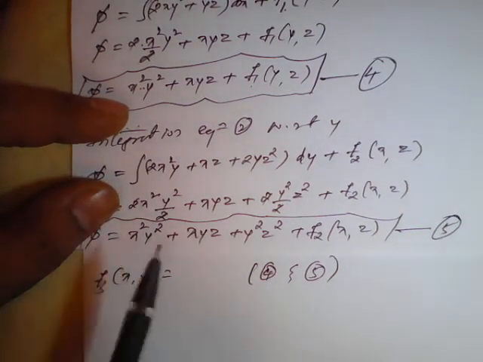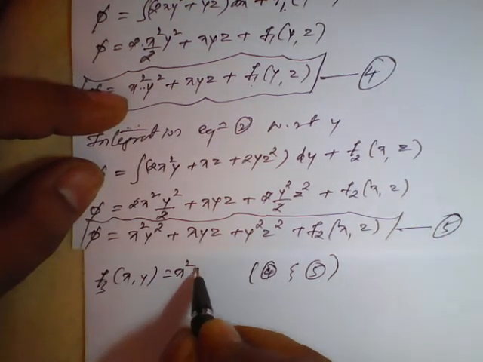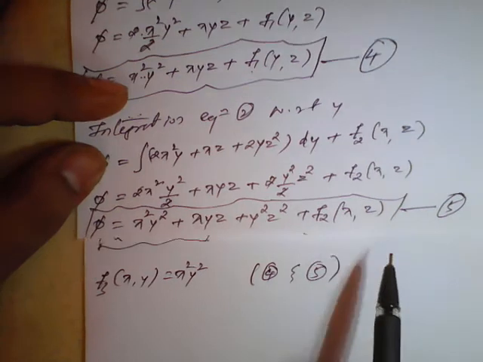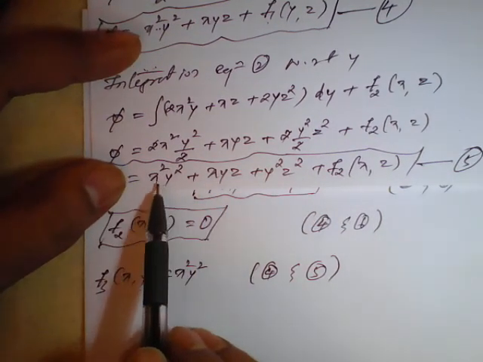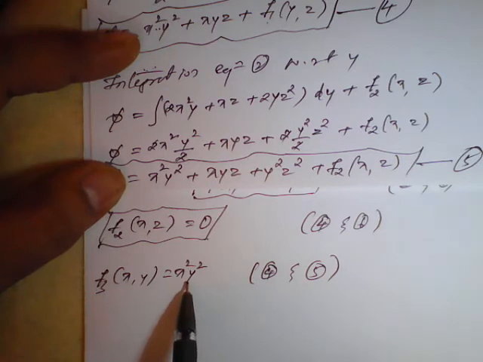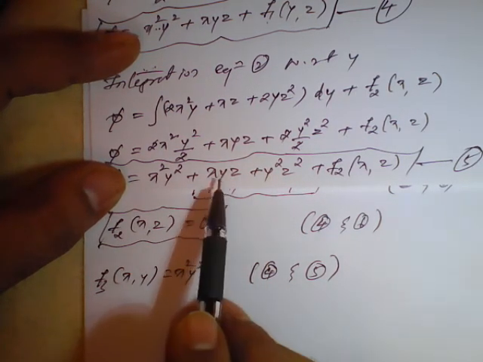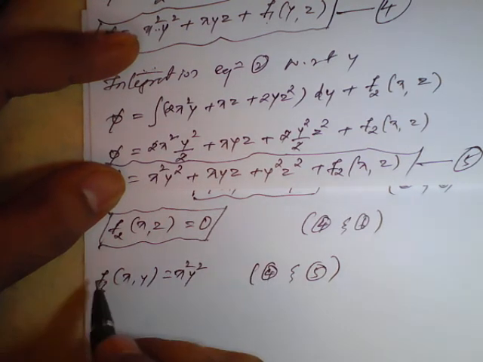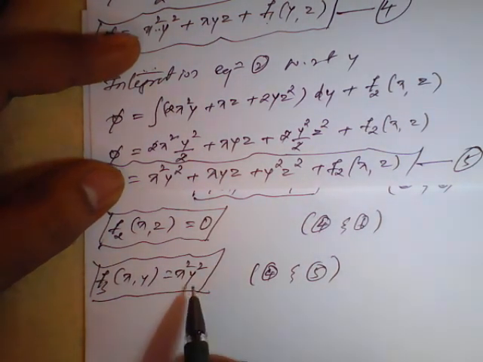From equation 4, a term free from z is x square y square. In equation 5, the term free from z is x square y square, which we have already taken. Any term not similar to this, we don't have. So therefore f3 of xy will be x square y square.